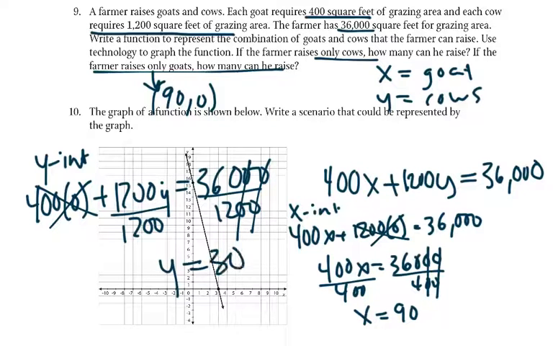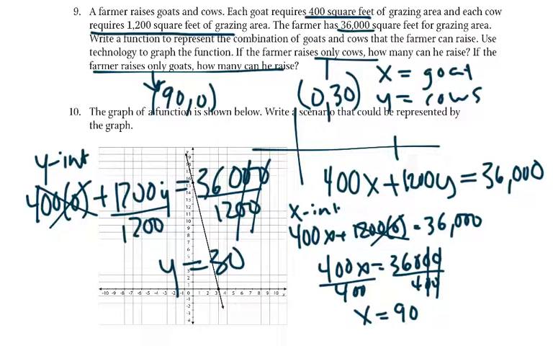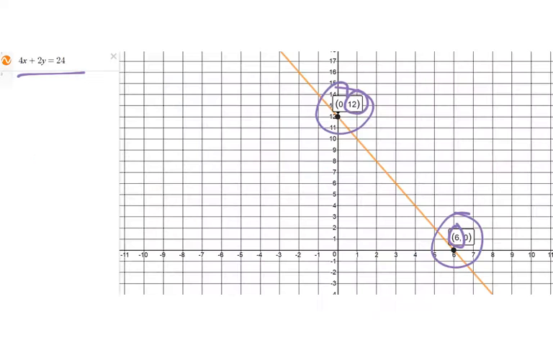So we can have 30 cows if we have no goats. So for cows, we could have 30, but it's the y, so it would be 0, 30. Okay. Now to graph it, you can just do that and go clear out to 90, up to 30, and draw, or using technology, we can do that too.